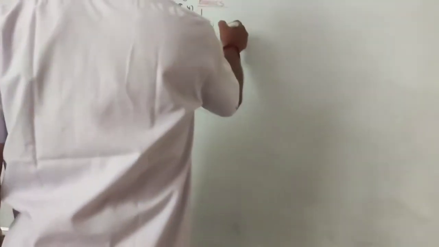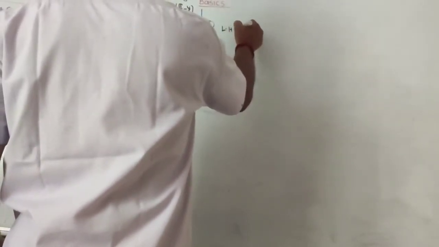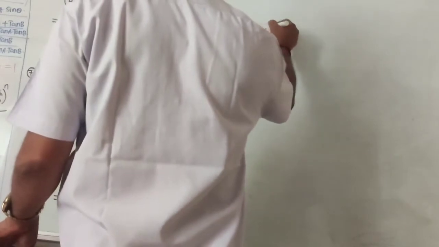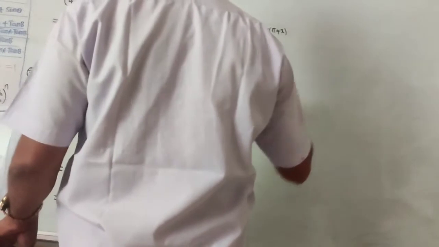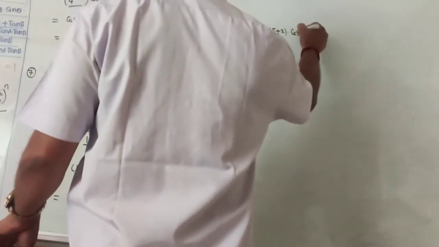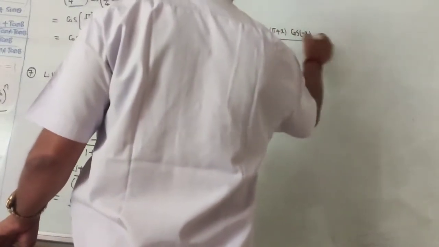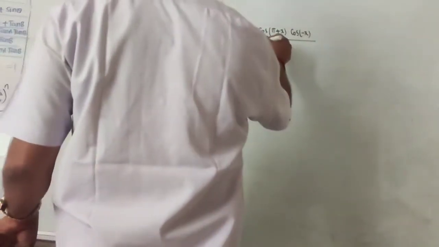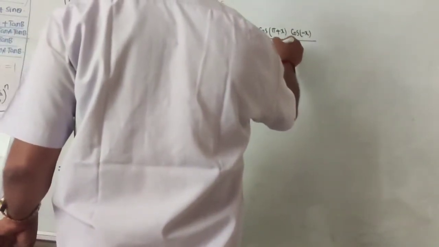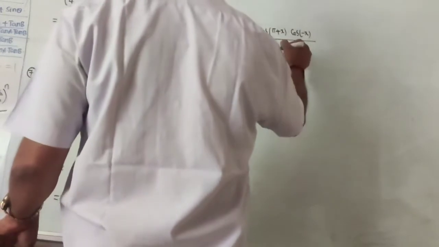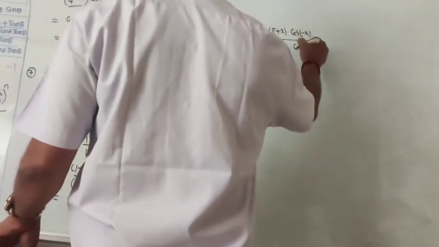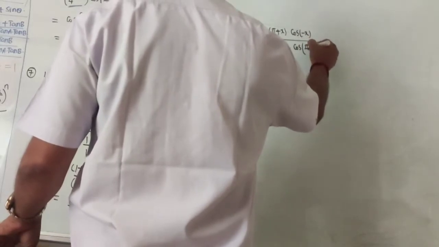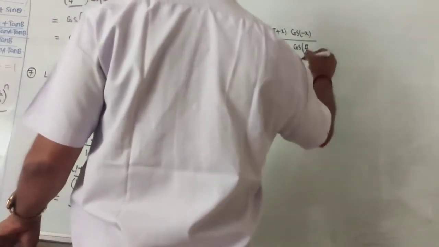So the left hand side is equal to cos(pi + x) cos(-x) divided by sin(pi - x) cos(pi/2 + x).